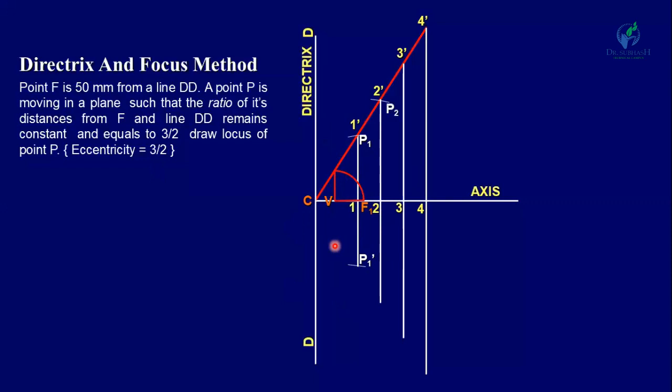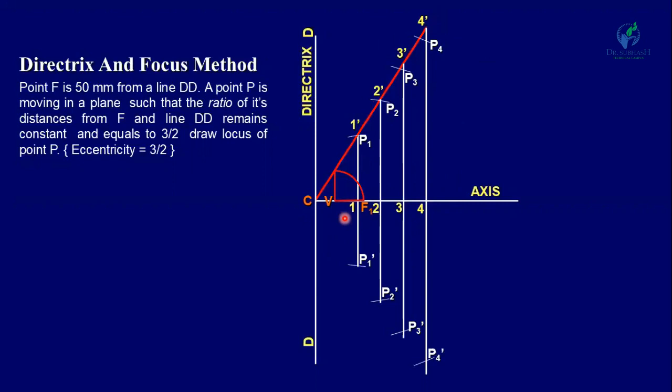You will get the point P2, and on the other side point P2 dash. Now radius 3 3 dash, center F, draw an arc, you will get the point P3 and P3 dash. Radius equal to 4 4 dash, center F1, points P4 and P4 dash.